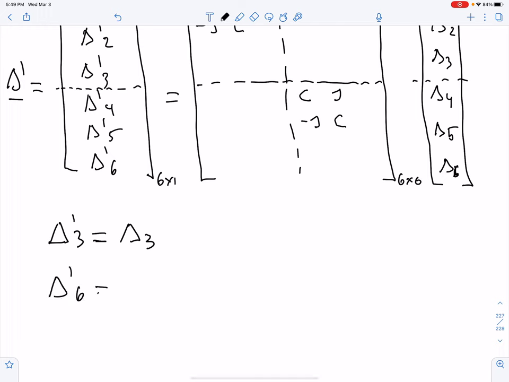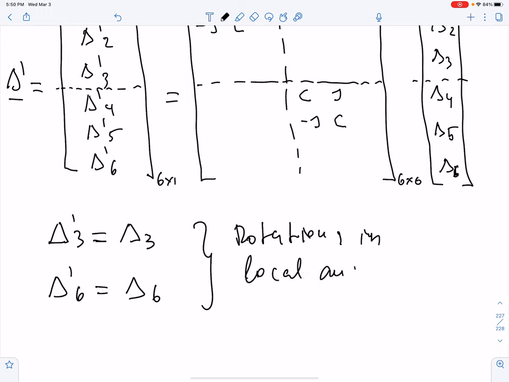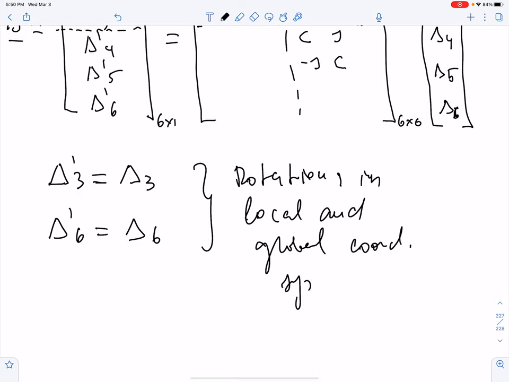Delta prime 6 equals delta 6. Rotations in local and global coordinate systems are the same.